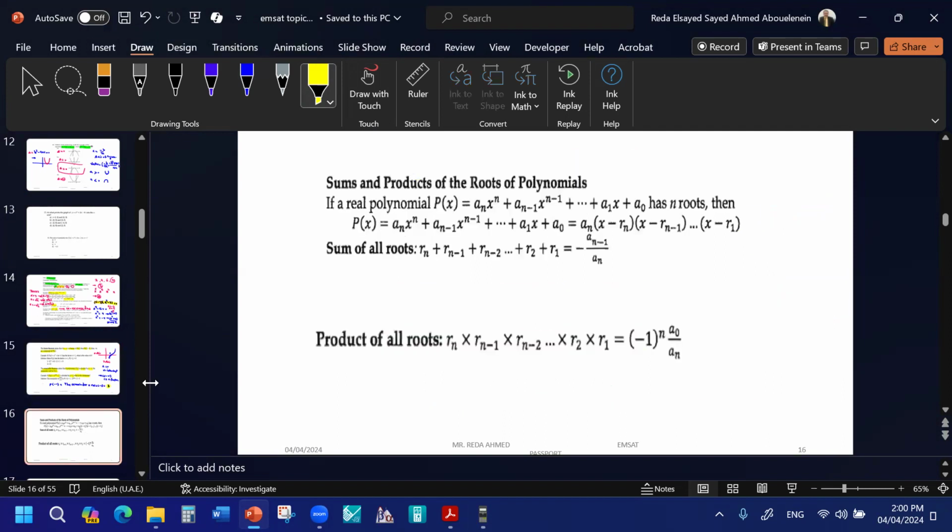Another piece of information: sum and products of roots of polynomials.